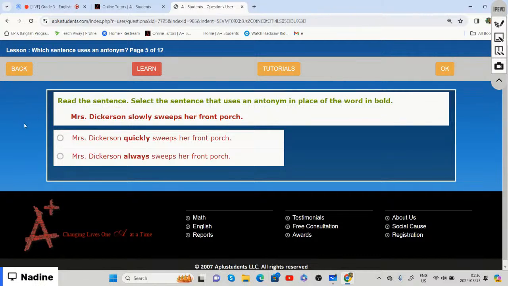And then the last one says Mrs. Dickerson slowly sweeps her front porch. Slowly sweeps her front porch. What is the opposite meaning of slowly? So Mrs. Dickerson slowly sweeps her front porch.